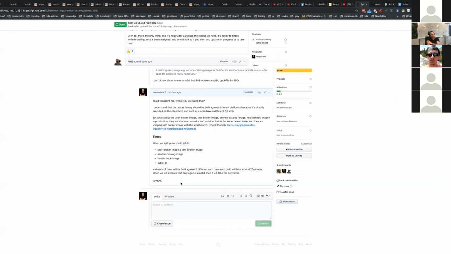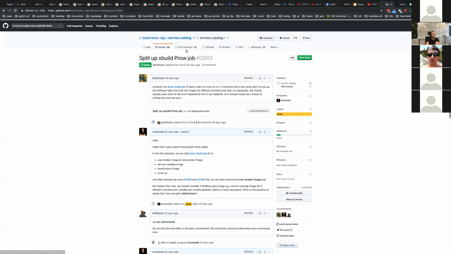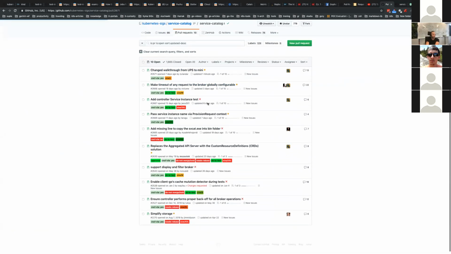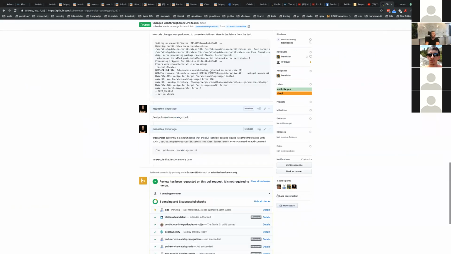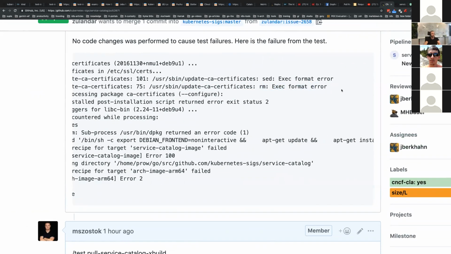So if we want to stay with those architectures, we probably need to also investigate the reason why we have so many problems. I also saw that problem on the newest request: for the architecture, there is some kind of problem when you are updating certificates. There is always the exec format error. So if we want to stay with, for example, ARM and other architectures, we probably need to come up with some solution for that error.